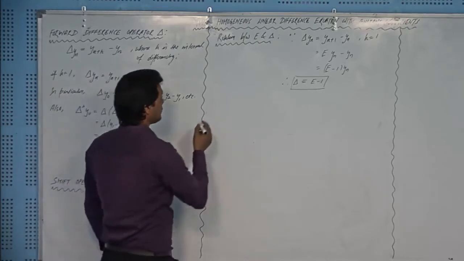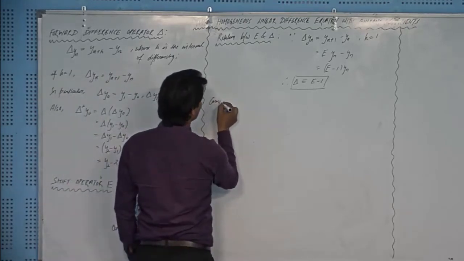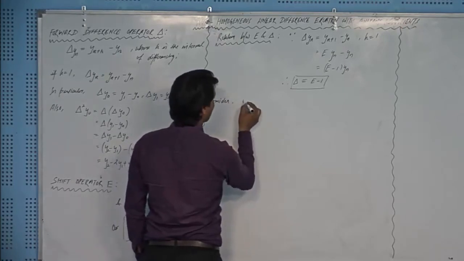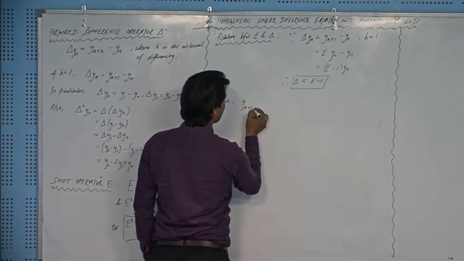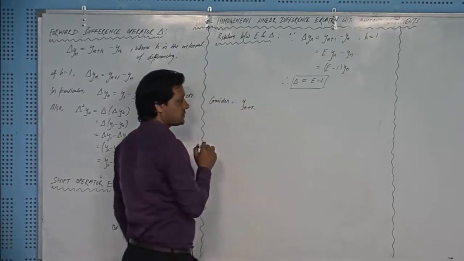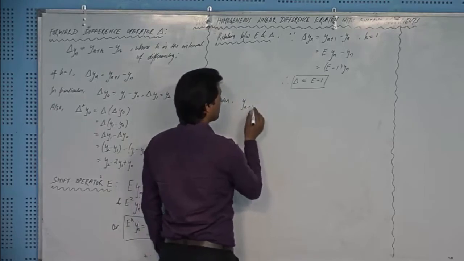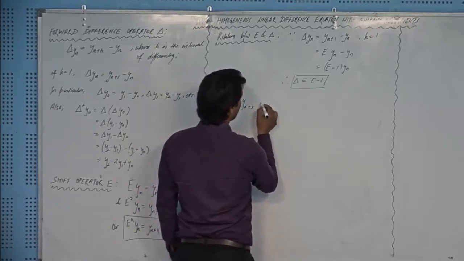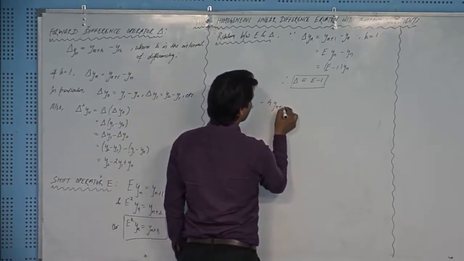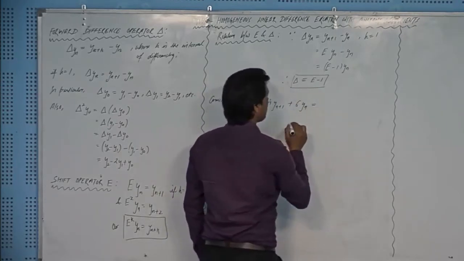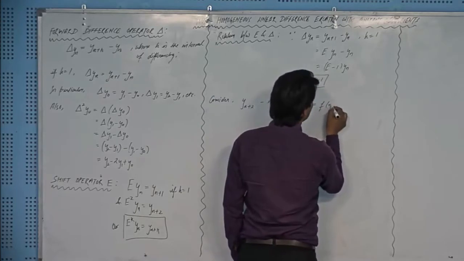Consider the equation of kth order. I should start with a simplest example: yn plus 2 minus 4 times yn plus 1 plus 6 times yn equal to fn.